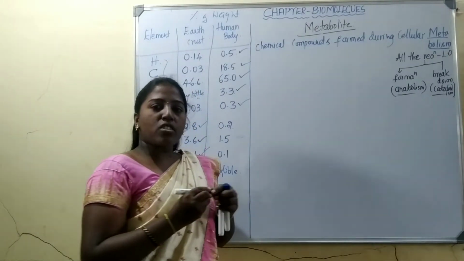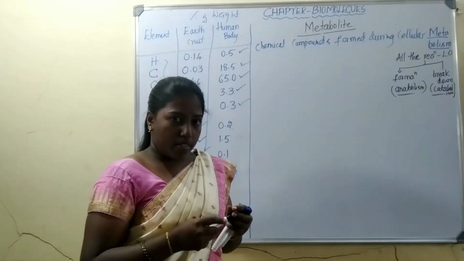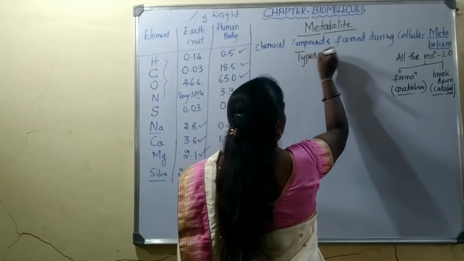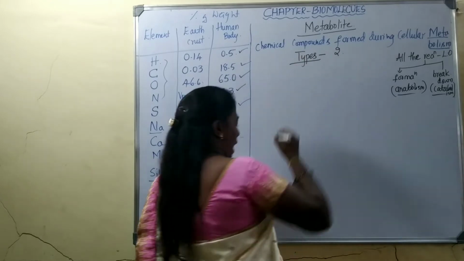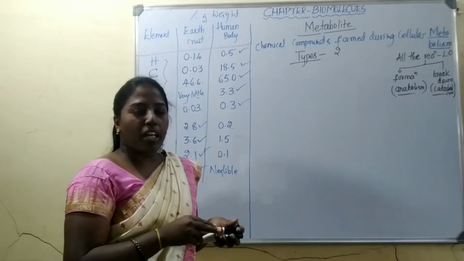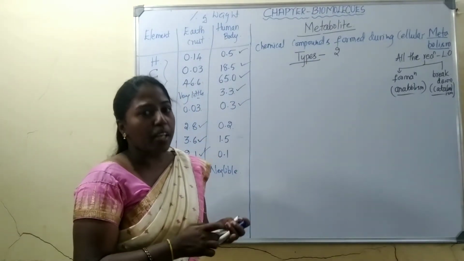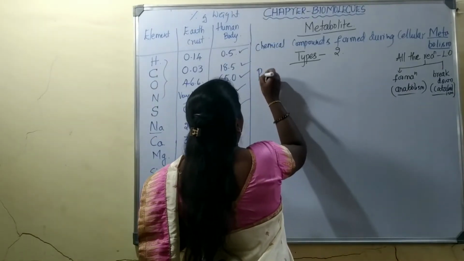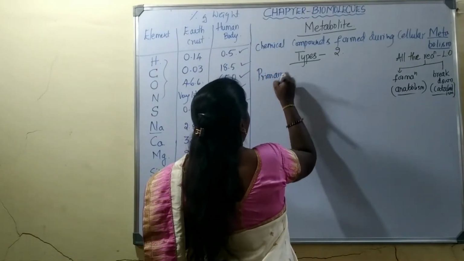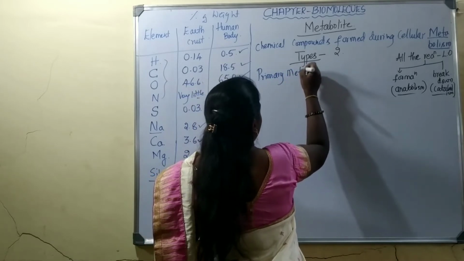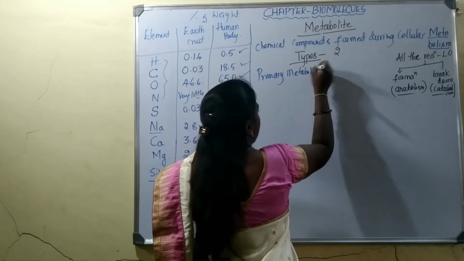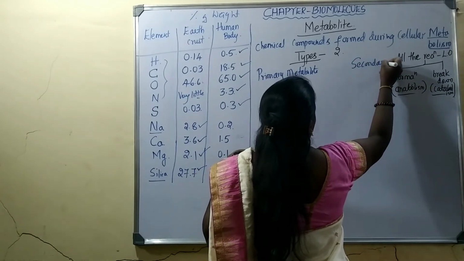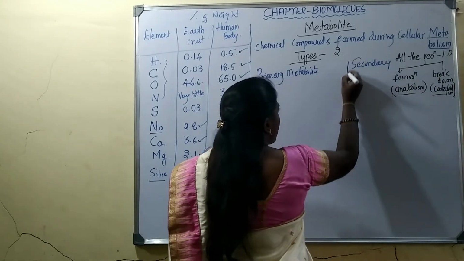The next. In metabolites also, there are two types. The types of metabolites: they are primary metabolites and secondary metabolites. The first one is primary metabolite and the second one is secondary metabolite.